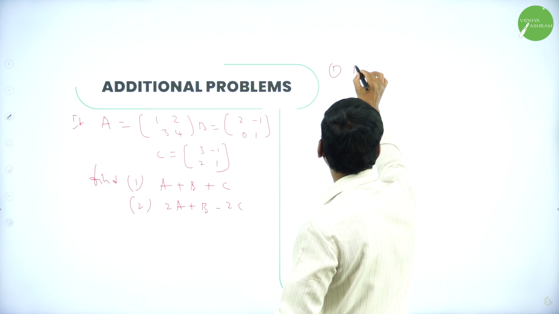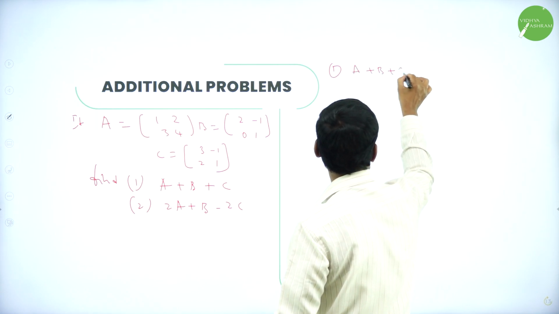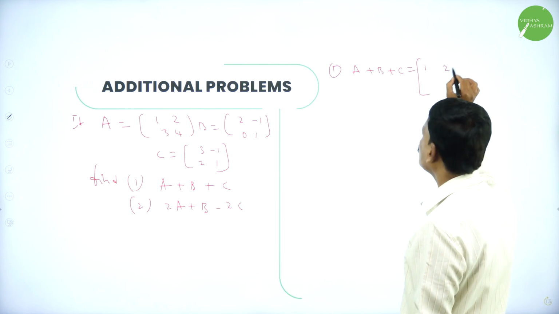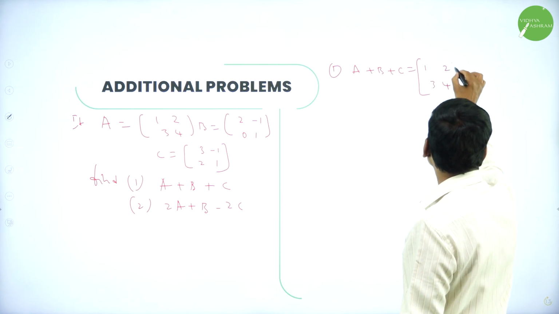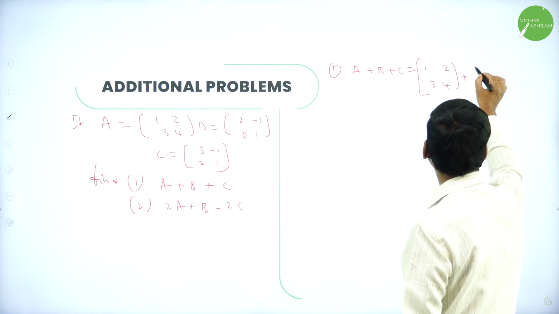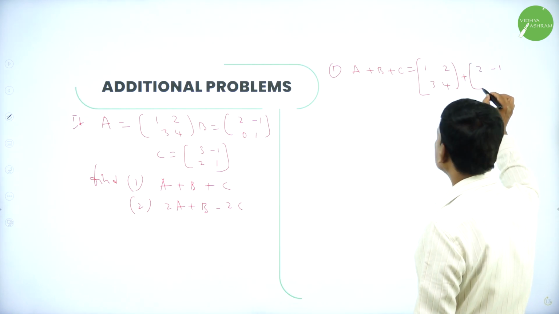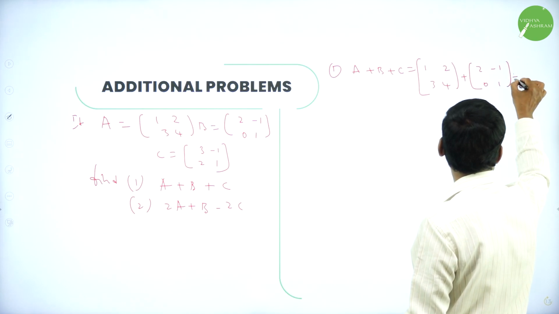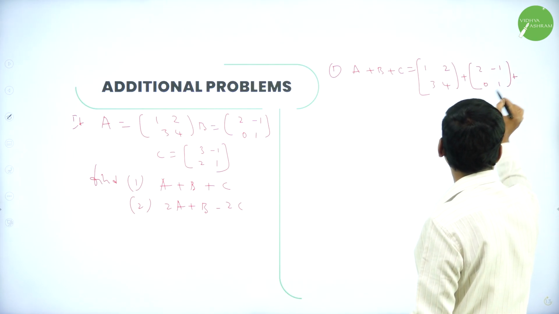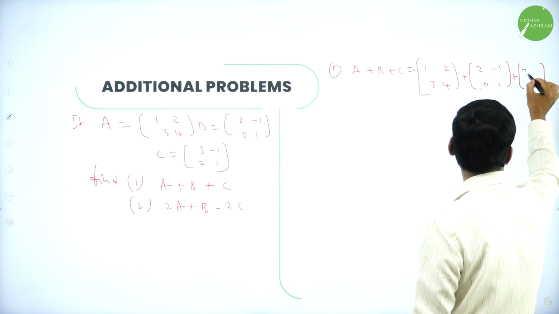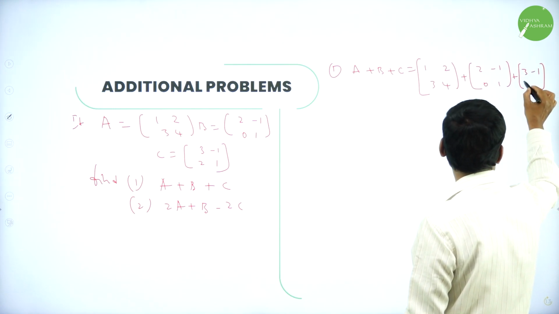The first one is A plus B plus C, three matrices. What is matrix A given? [1, 2; 3, 4] plus B. What is B? B is [2, -1; 0, 1], plus matrix C. What is C here? C is [3, -1; 2, 1].